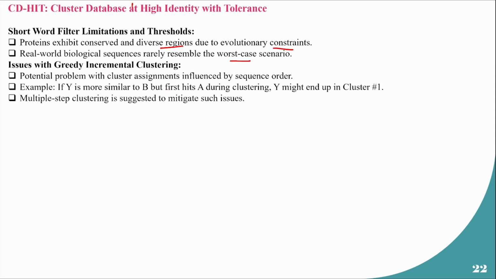And greedy incremental clustering also has some problems, because the cluster assignment might be impacted by the sequence order. If Y is, for example, more similar to B, but the algorithm first hits A during clustering, then Y might end up as part of cluster one. So you will not get the other one as the representative of the cluster, but whatever sequence the algorithm hits first, basically, right? So those are some problems, but you can still use the CD-HIT software.